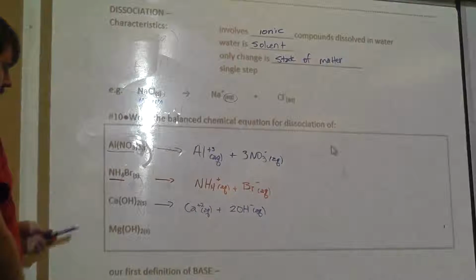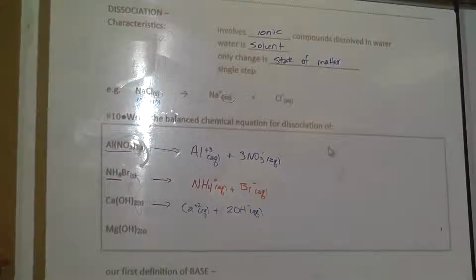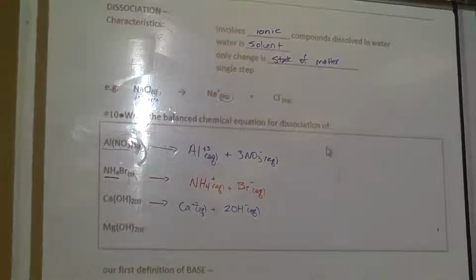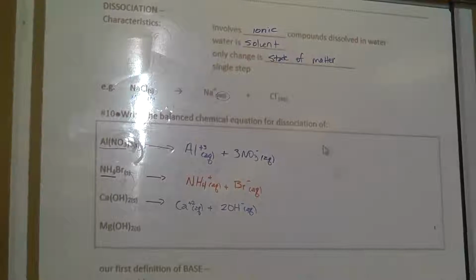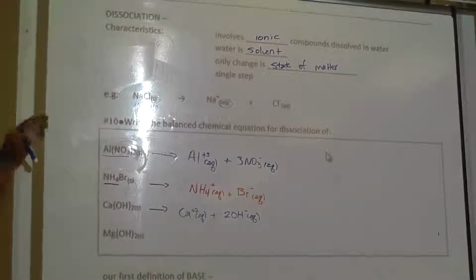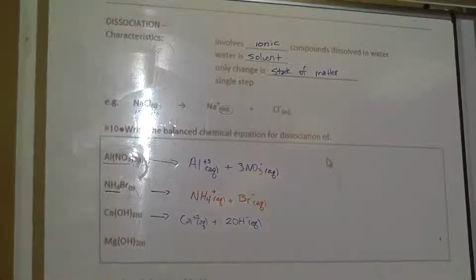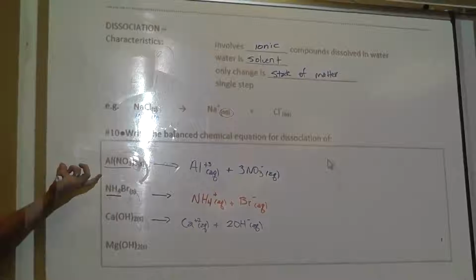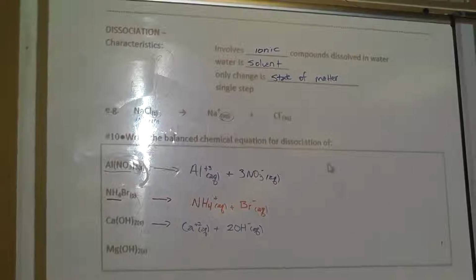I'm not going to do the Mg(OH)2 because it's going to look exactly like calcium, with the same charges and everything. The two that most people get confused are dissociation and ionization. In dissociation, nowhere on the left side of the equation do you see water. It's just the salt, and all you see on the right is the aqueous ions it's producing, with their charges.